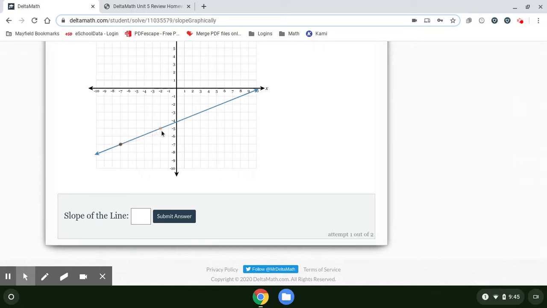I think the next point is up there. So I'm actually going to move up and over from that point. So when I do my second line, it doesn't have to start at the y-intercept. In this case, I went up 2 and right 1, 2, 3, 4, 5. So my slope is 2 over 5.